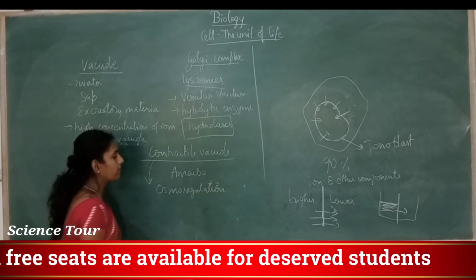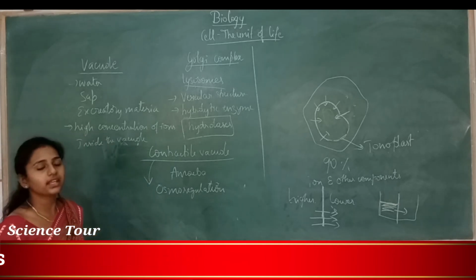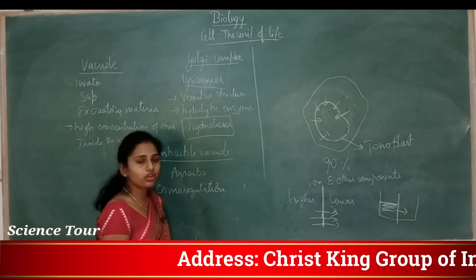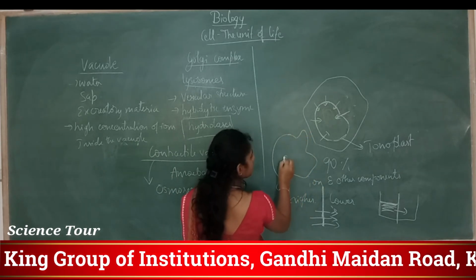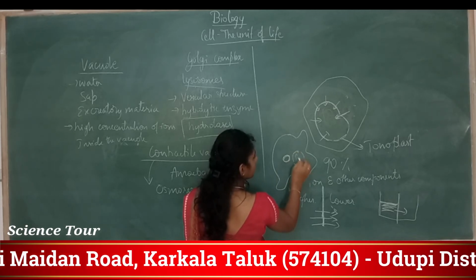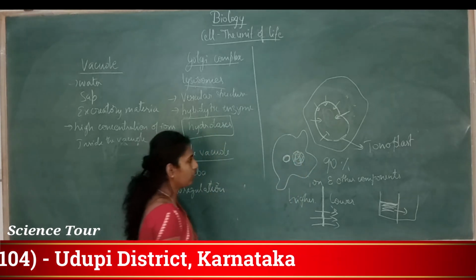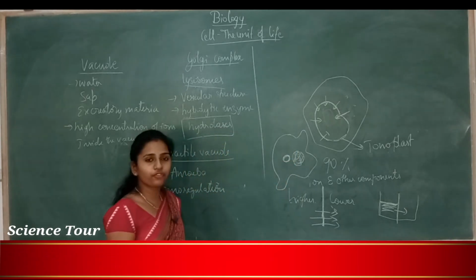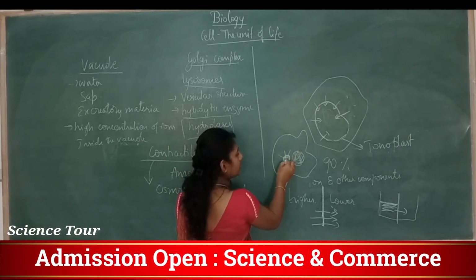Usually this amoeba grows in an aqueous or aquatic medium, where there is a high concentration of water. Consider this is an amoeba cell, you can see the contractile vacuole like this. This is a nucleus. Near the nucleus or inside the cytoplasm you can see the contractile vacuole. When there is a removal of waste material, excess ions will move to the contractile vacuole.